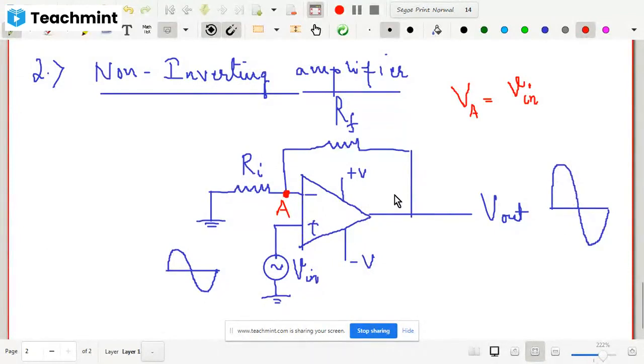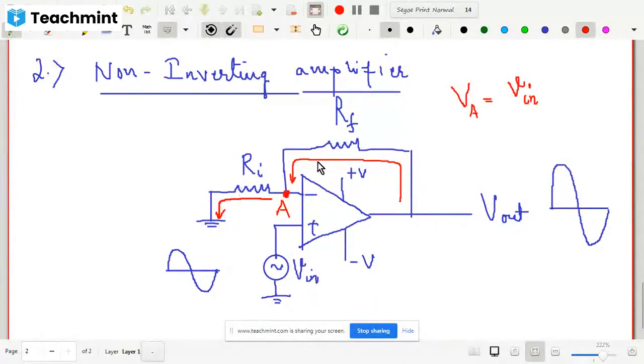You are not giving any potential, so the current will not flow in this way. The potential is generated here, so you can expect the current to flow like this. Let us say this is your feedback current. Whatever current is flowing through this feedback resistance, that same current will flow through this input resistance and go to the ground potential.